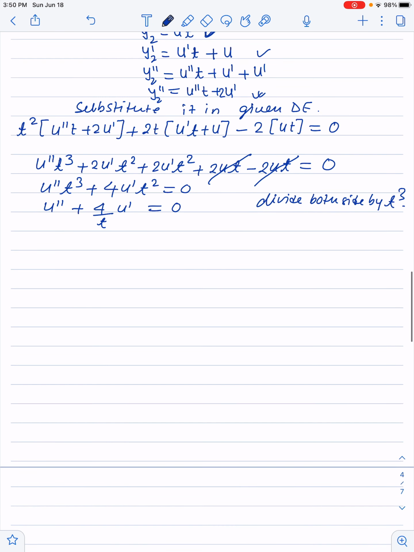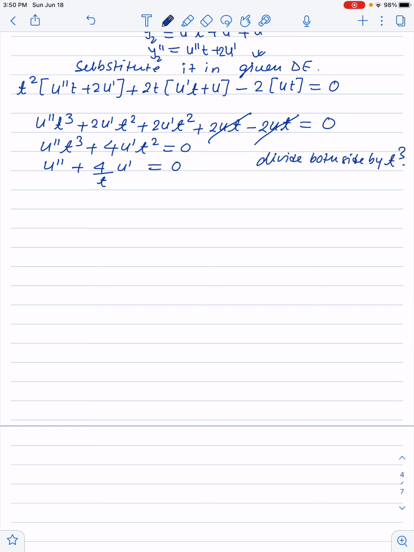Now you can see this is a second order linear differential equation. Now we will use the reduction of order method, so we want to reduce the order of this differential equation. So let w equals u prime, then w prime will be u double prime. So I'm going to substitute it in star.